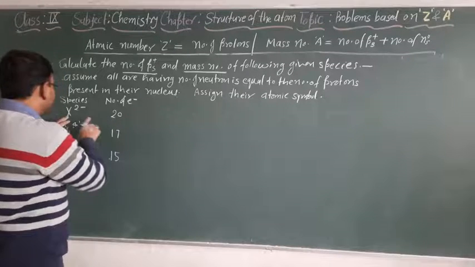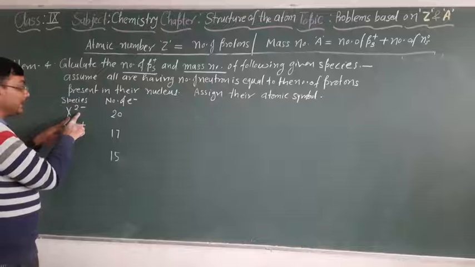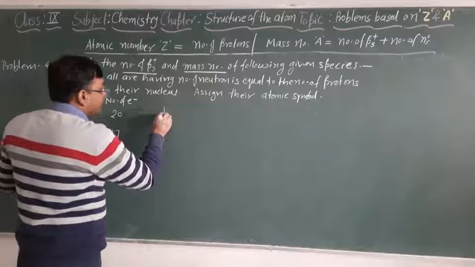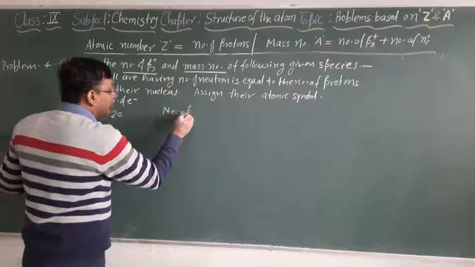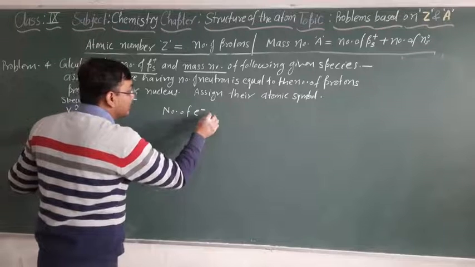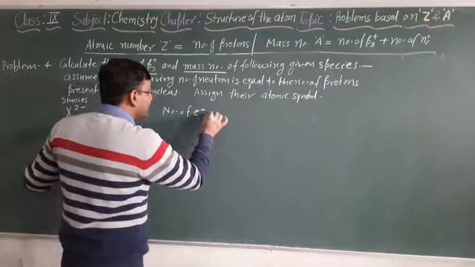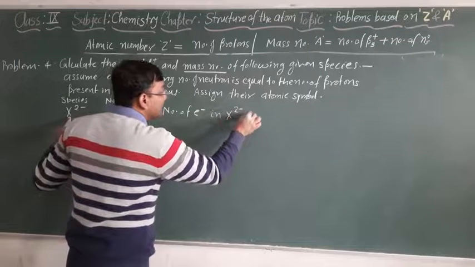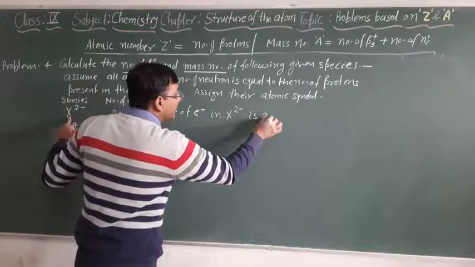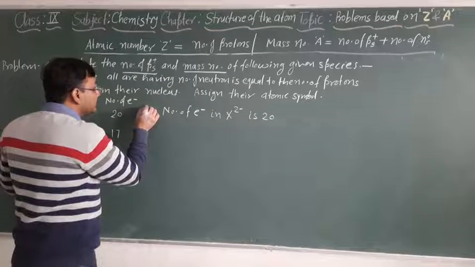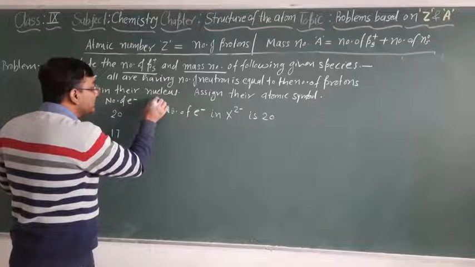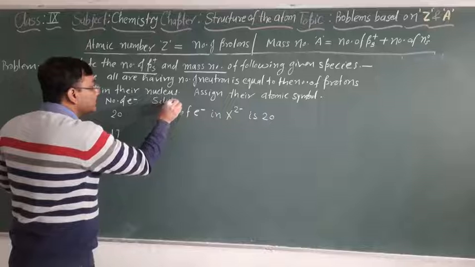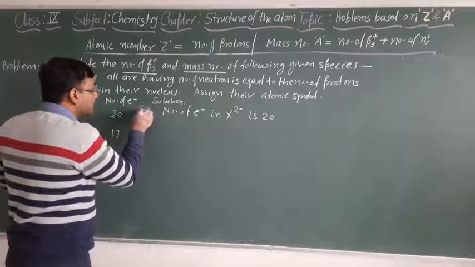So first let us calculate the number of electrons in X. Since it is X2 minus, what does it indicate? Number of electrons in X2 minus is 20. Solution.